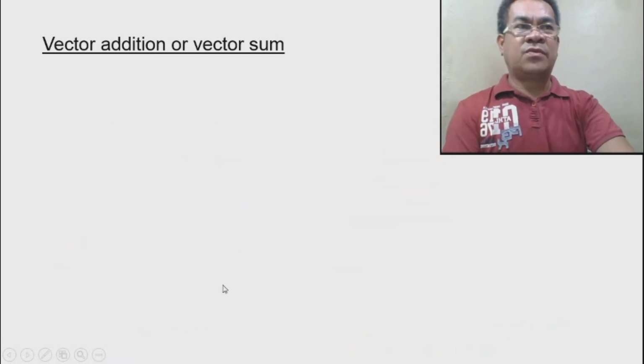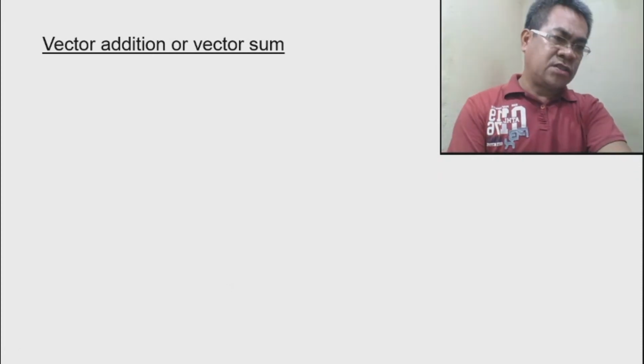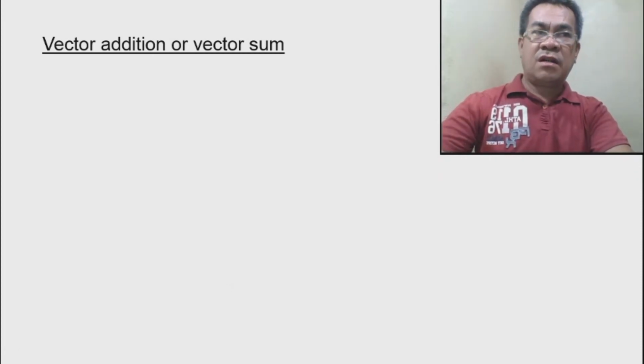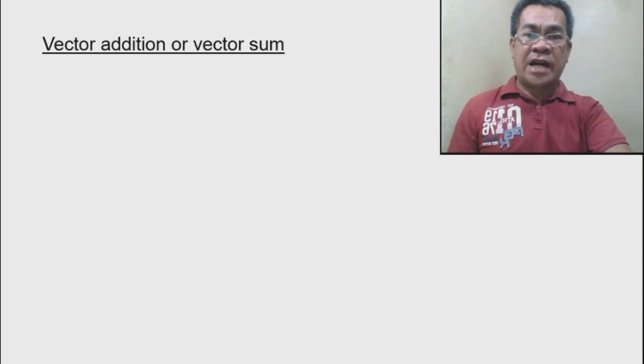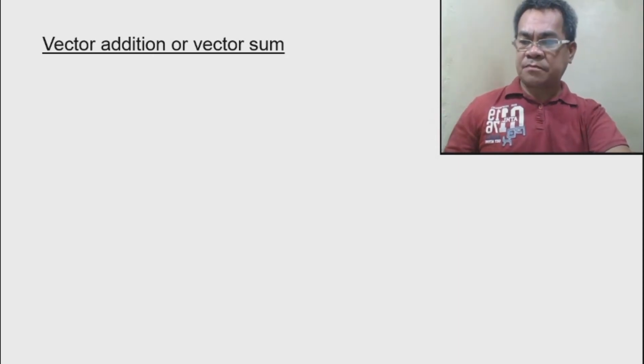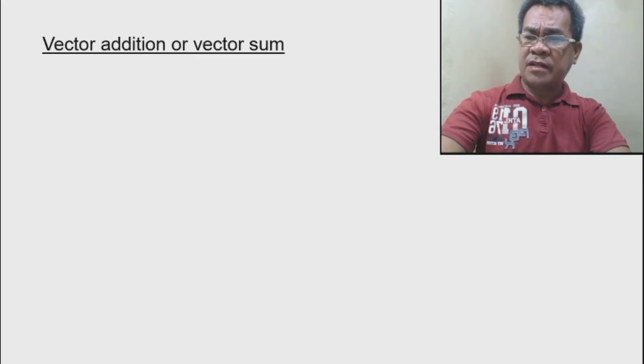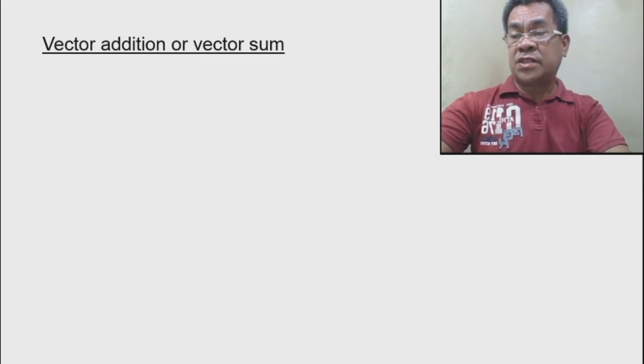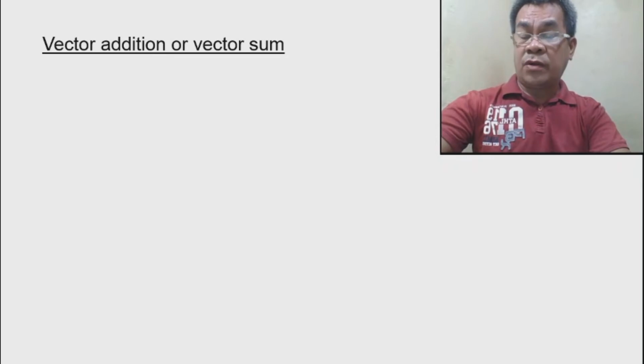Now, aside from that, in studying vectors, be sure to understand what parallel vectors and anti-parallel vectors are. Knowledge of parallel and anti-parallel vectors is very important, because in summing up vectors we can use the polygon of vectors.